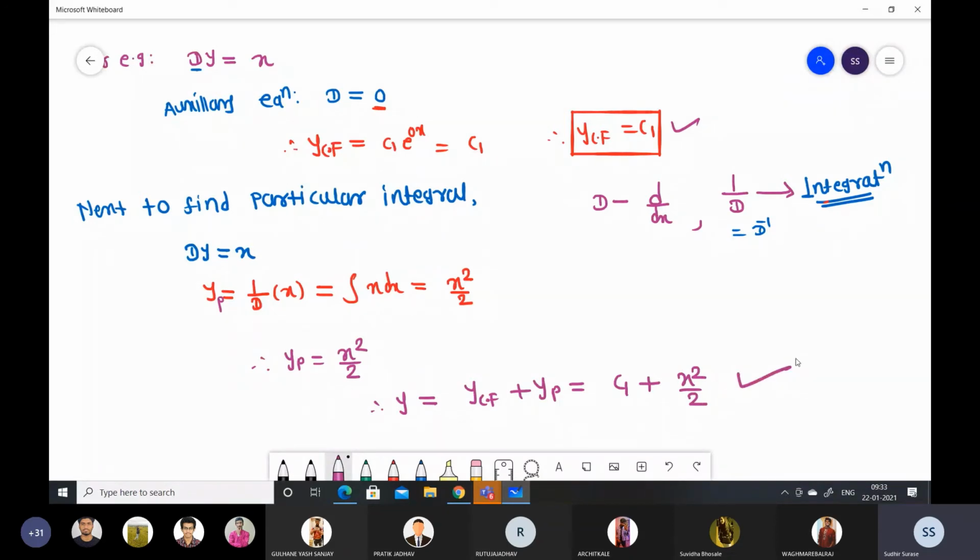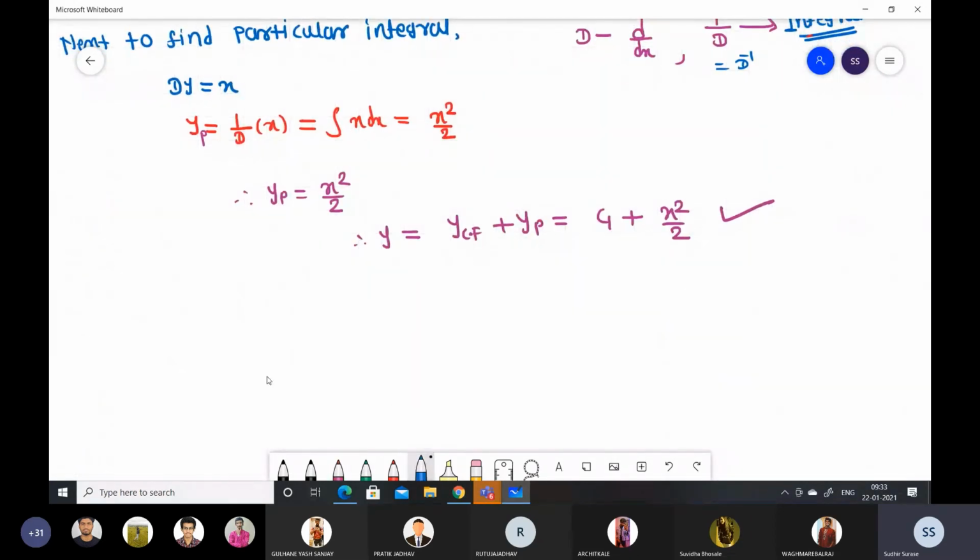So what is the key point here? To find the particular integral, we need to use the inverse differential operator method. So let me generalize this. Consider phi of D times y is equal to f of x. Now you are quite familiar with the complementary function.